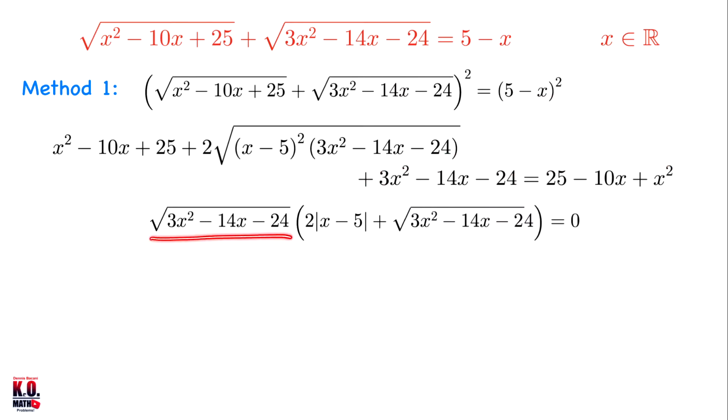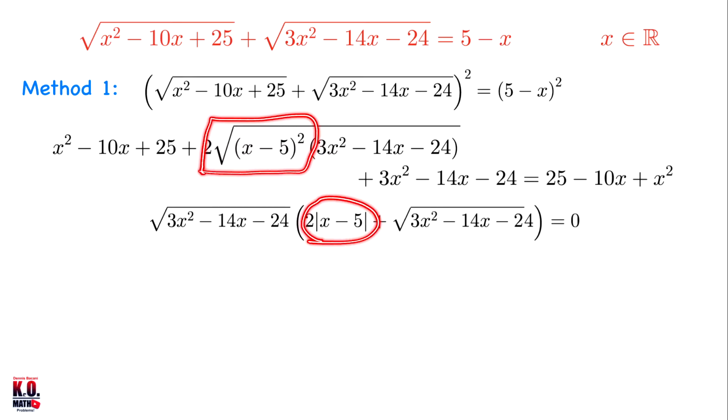And if we factor this out from this term, we'll get 2 square root of x minus 5 quantity squared, but we can write that down as 2 times the absolute value of x minus 5, and then plus square root of 3x squared minus 14x minus 24.